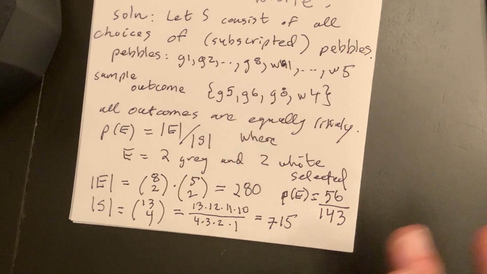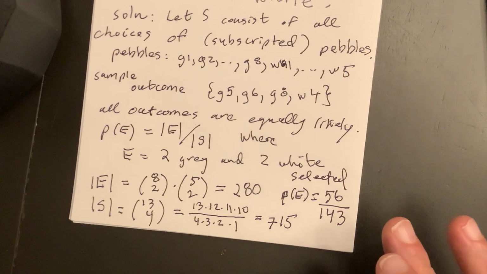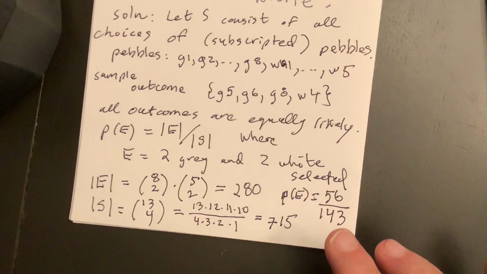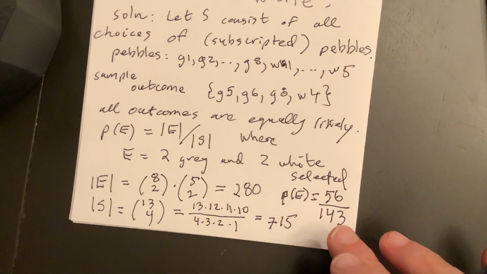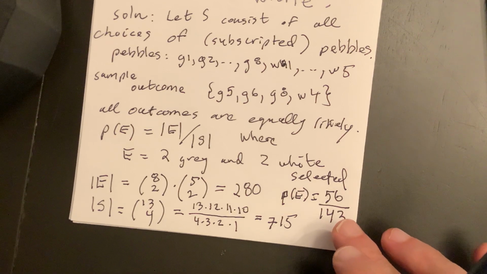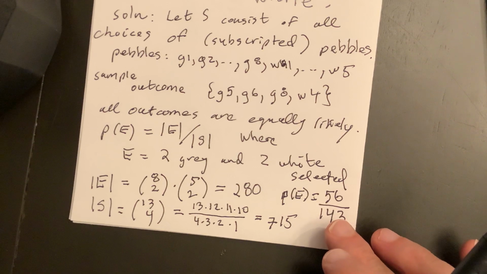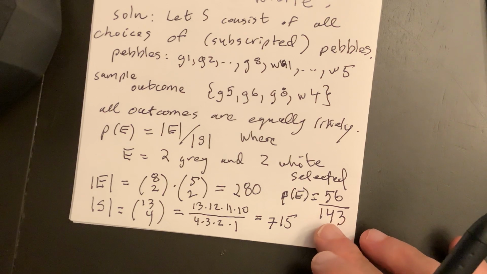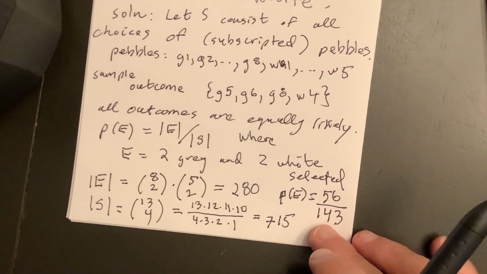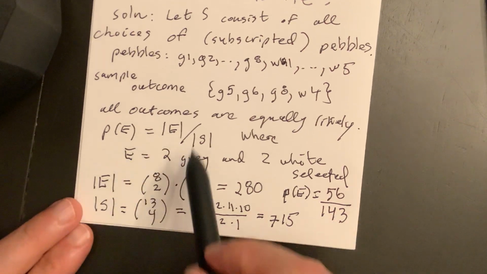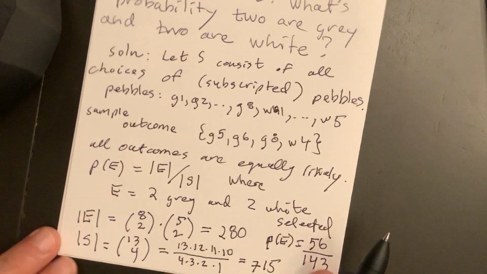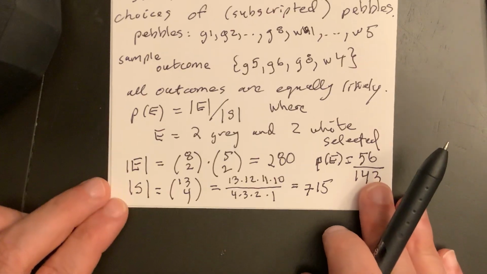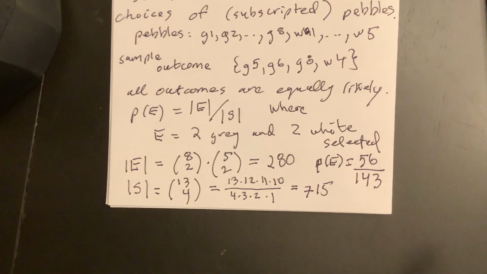We fix the sample space, think about a representative outcome in the sample space, make sure you feel that they're all equally likely, and then you can proceed this way by just counting how many outcomes are in your event and how many outcomes are in the total sample space.